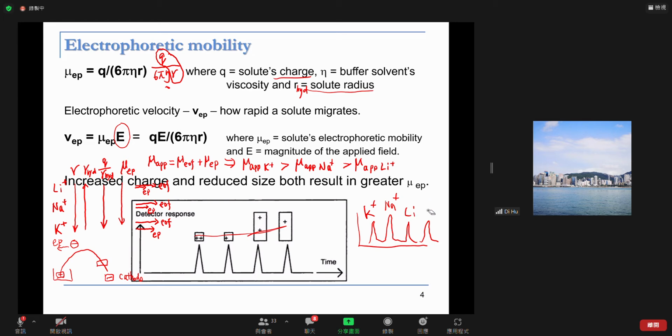Okay, the neutral one, anyone can tell me, how about the neutral one? Does the neutral compound have EP? Yes or no? Does the neutral compound have electrophoretic mobility? No. Very good. Because they're not charged.